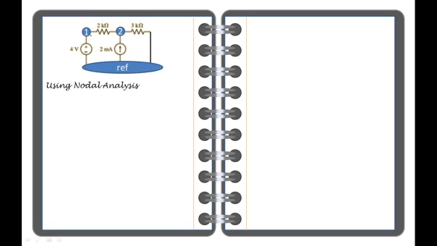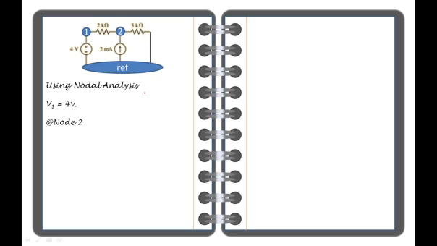Therefore, node 1, which is connected to a voltage source, has the value of the voltage source itself, because the voltage source is also connected to the reference node. Therefore, the voltage at node 1 is equal to 4 volts.